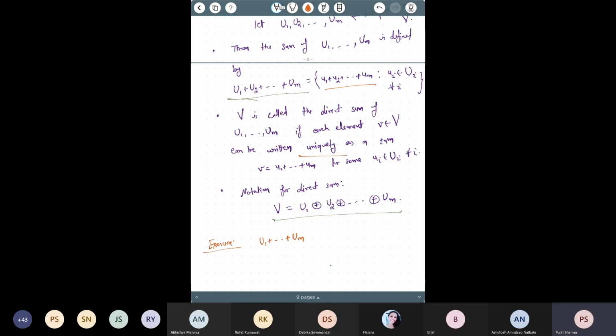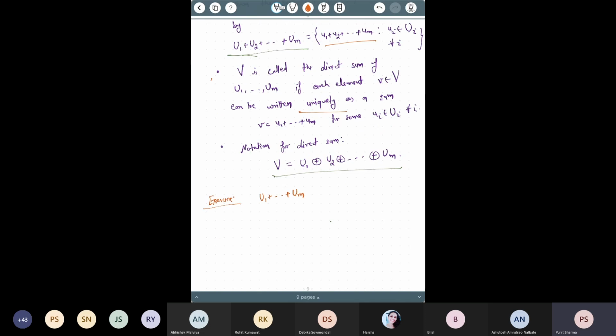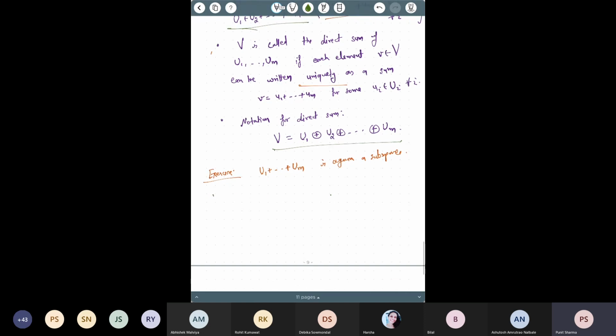Okay. Now I will give you one example. So let me first write this, and I'll give you one example where you will see why the uniqueness is important to write here. So you can verify that the sum of subspaces is again a subspace of V. Okay, so because you asked this, let us take one example here.